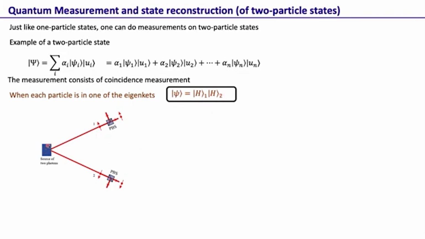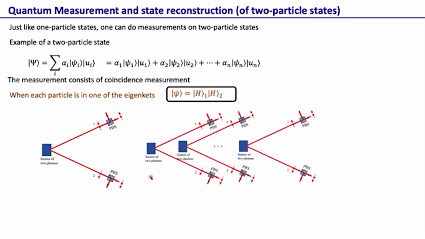If you take the example of parametric down conversion, which produces two photons, and the first one is horizontally polarized and the second one is horizontally polarized, and you bring in a measurement device in the HV basis, then of course each horizontally polarized photon will go to its own detector. The second time we do the measurement, we'll have the same result, the third time and so on, the same result. So if we know that each particle is in one of the eigenkets, then again only one measurement is enough to reconstruct the two particle state.